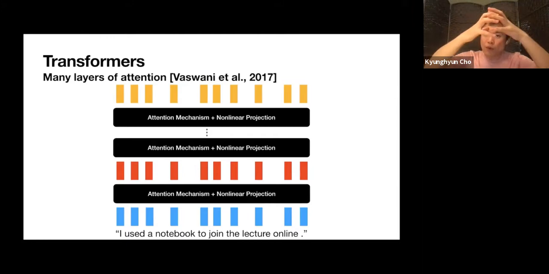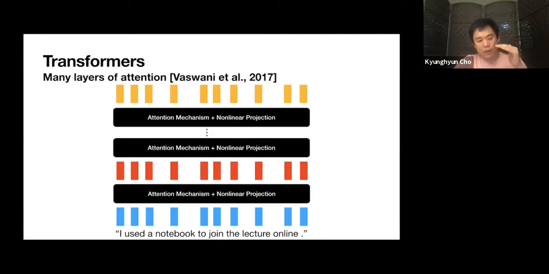Thereby, we can know the meaning of the entire sentence. And when we have this stack of attention mechanisms followed by nonlinear projection, we call this neural network a transformer.